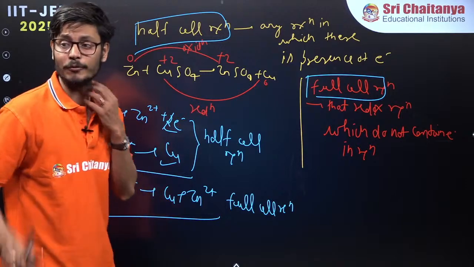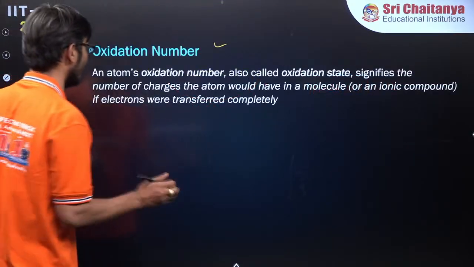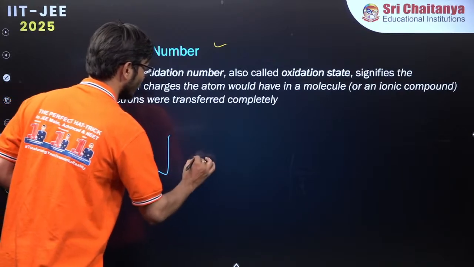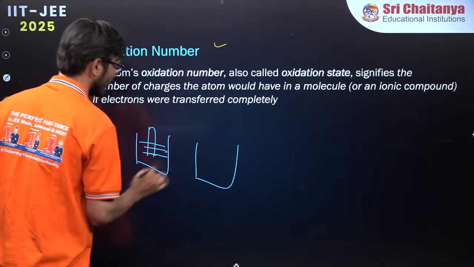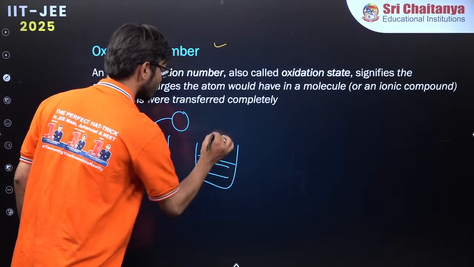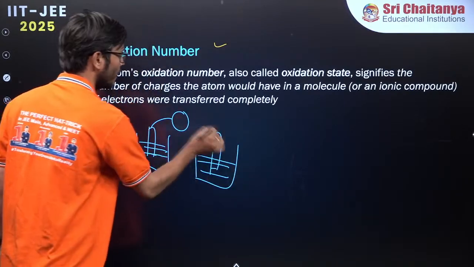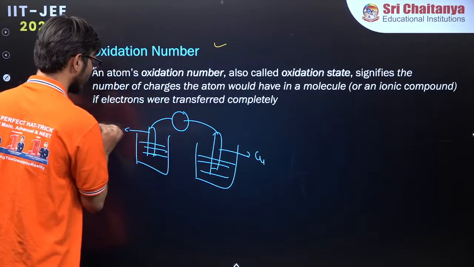What I mean is, if you remember the Daniell cell, I don't know how many of you remember. This was the zinc dipped in zinc sulfate solution, connected with the voltmeter, and this is copper sulfate solution, this is the copper electrode. So this was which electrode? Copper. This was which electrode? Zinc.